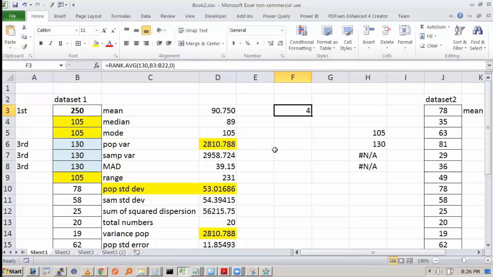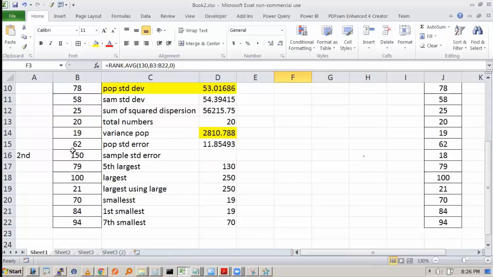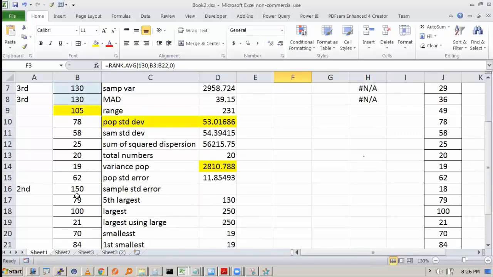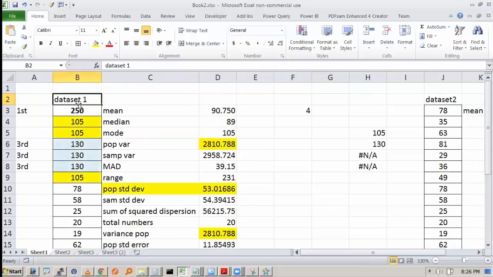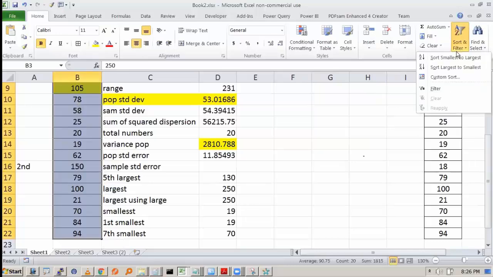So see, it has given us the 4th rank. Maybe some data is there, if we sort it.